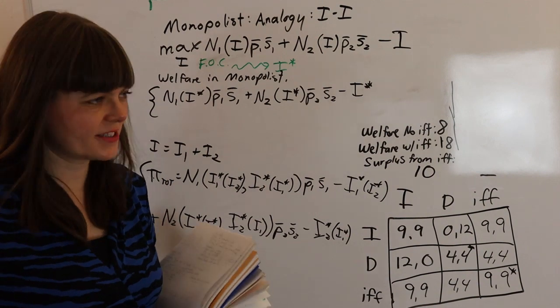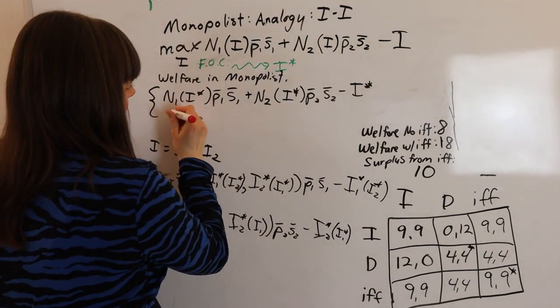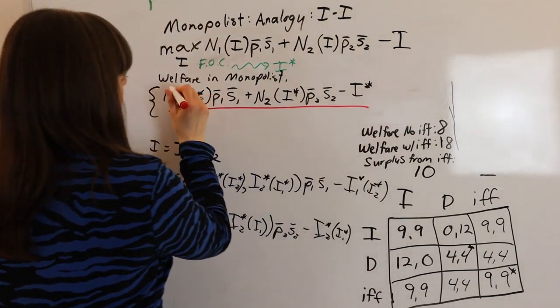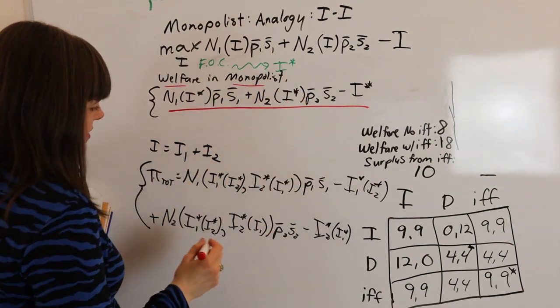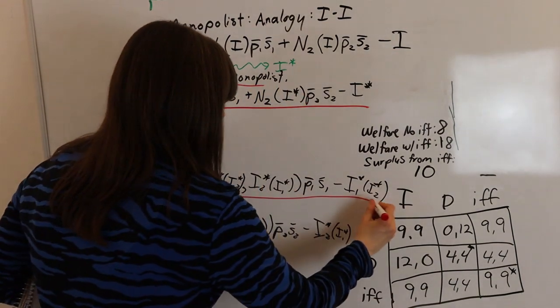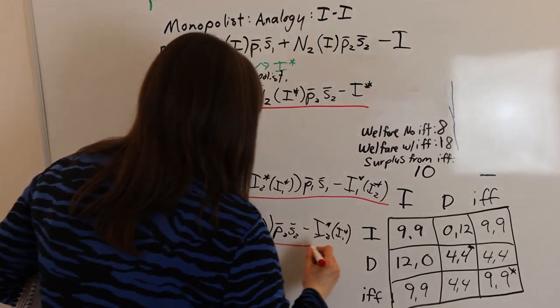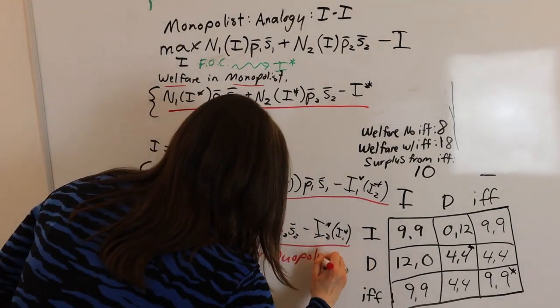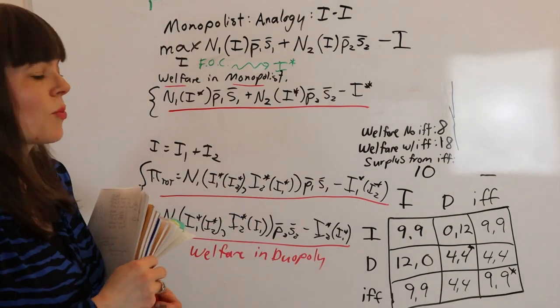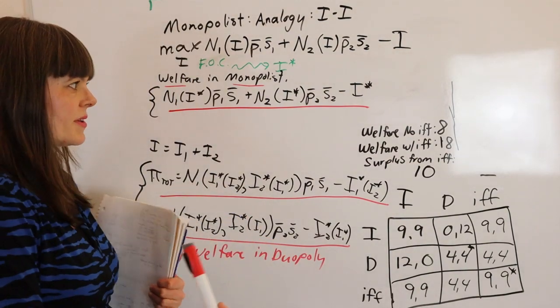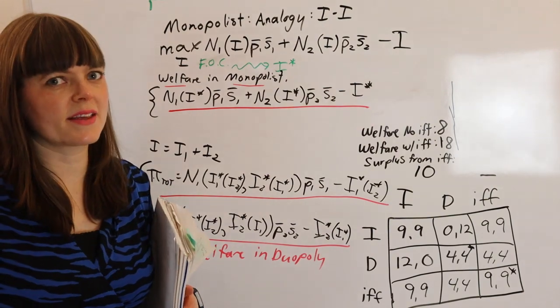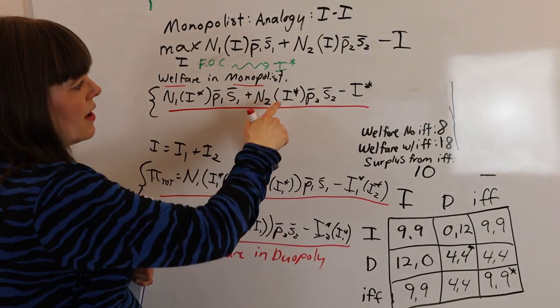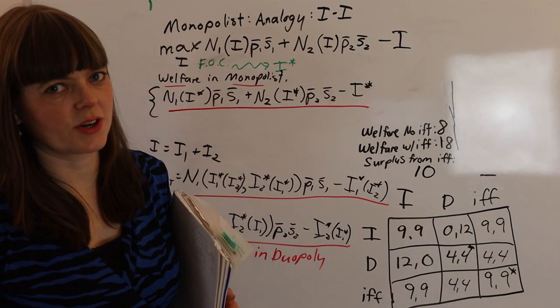Okay, so let's remind ourselves what these represent. This is welfare in a monopolist state, and this is welfare in a duopolist state. And of course we know a monopolist's welfare is going to be greater than a duopolist's welfare because they're sort of picking the exact perfect amount of investment for the total industry.